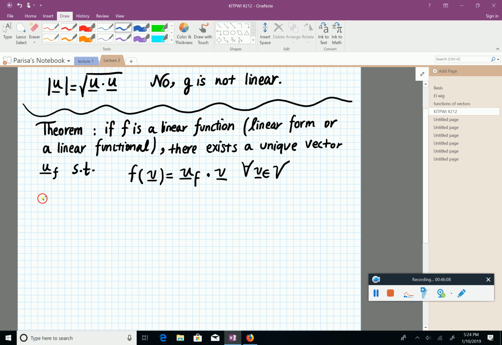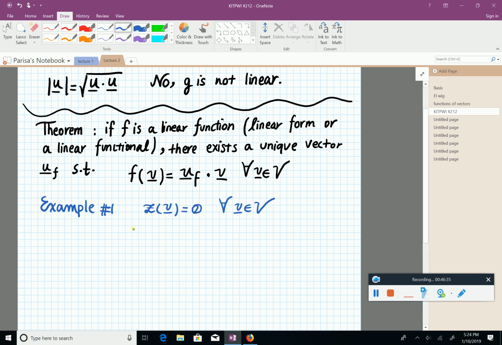So if we go back and look at example number 1, let me remind you, this was the real simple one. What is u sub f in this case? I mean, would be u sub z. What is this vector here?